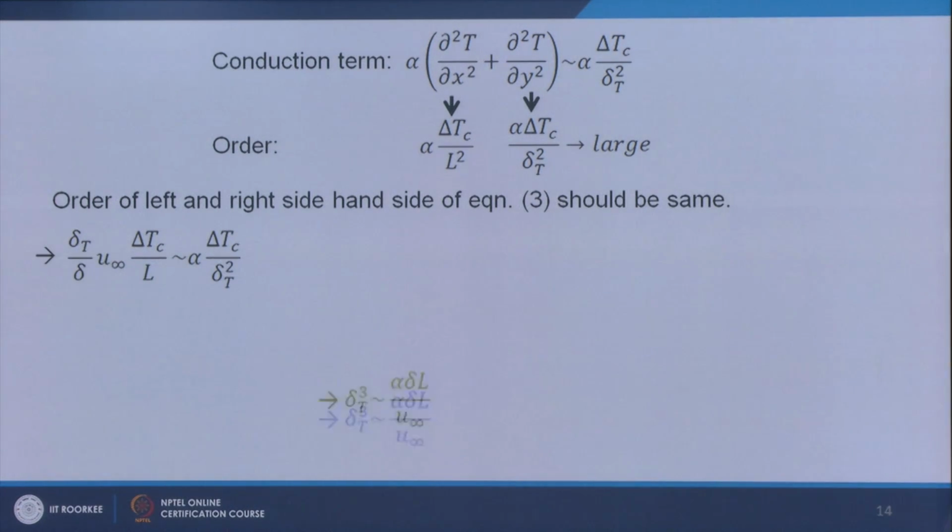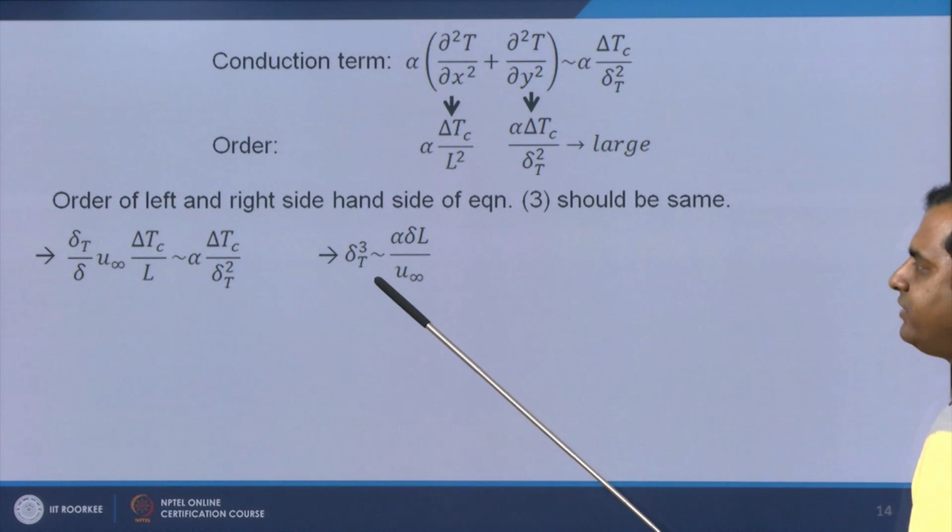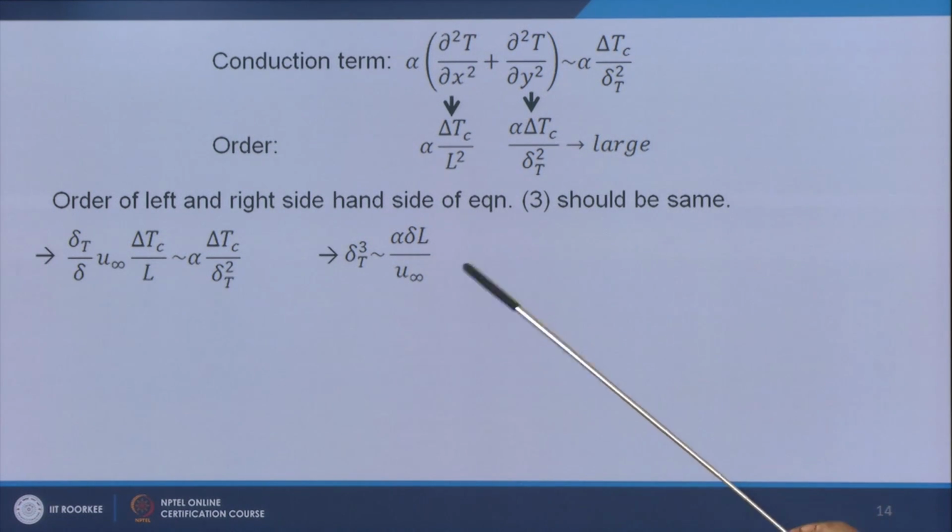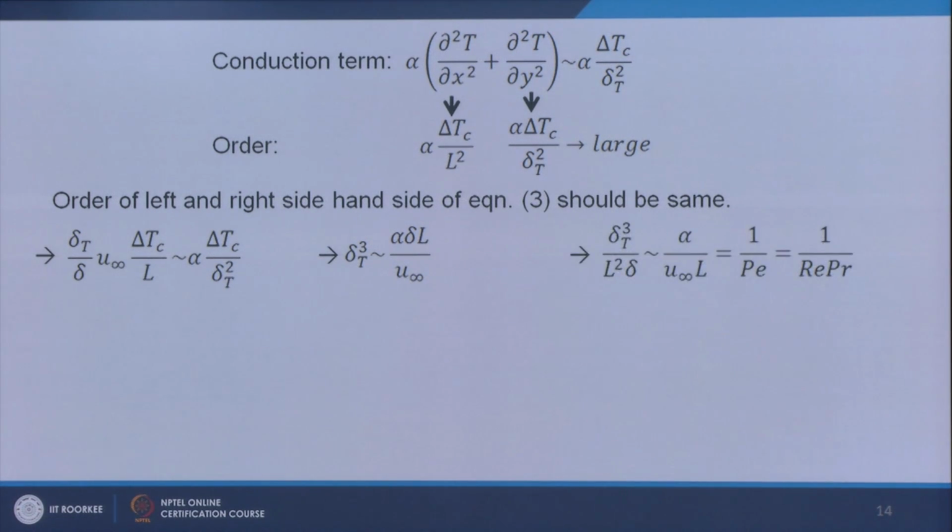From here we can obtain δ_T cube is of the order of α δ L by U infinity. So from here, if you do a little bit of multiplication and modification, you can get δ_T cube by L square δ is of the order of 1 by Re Pr. Just from this one it will be coming.